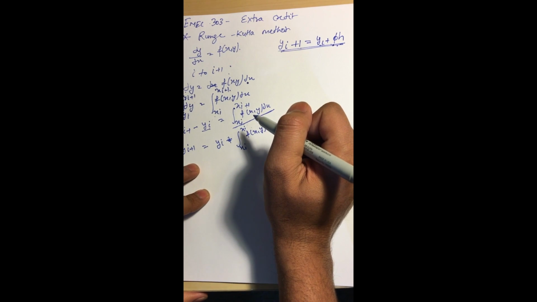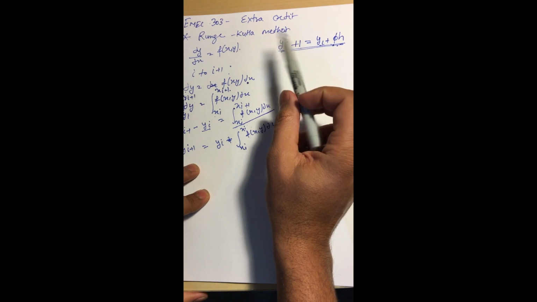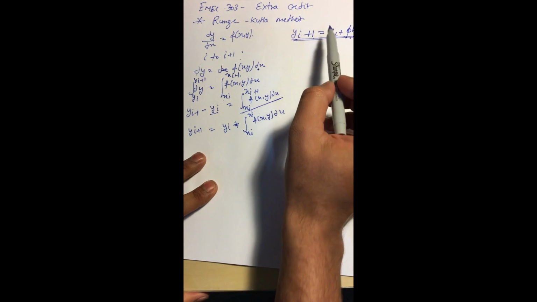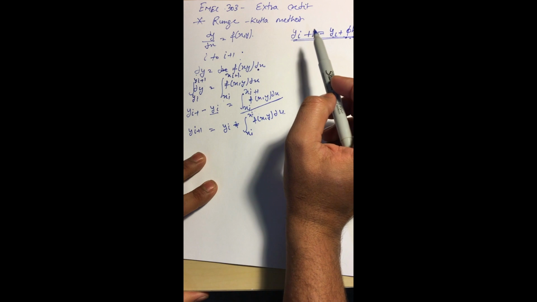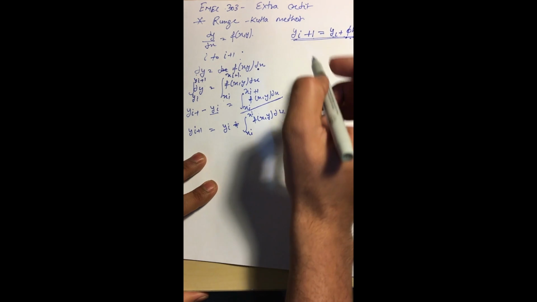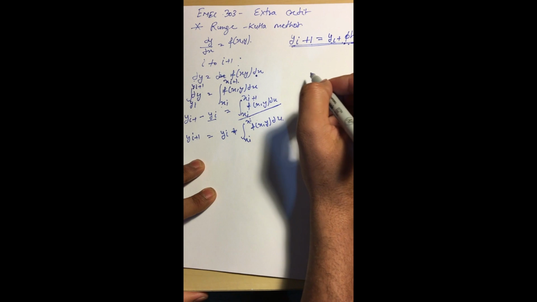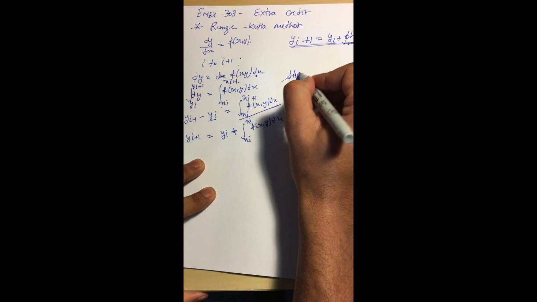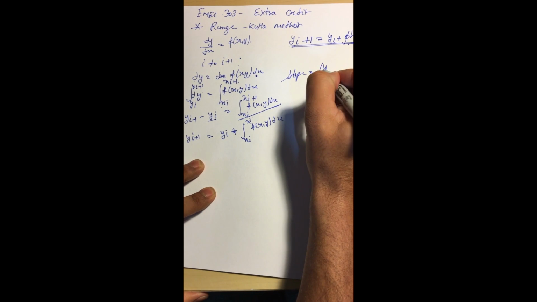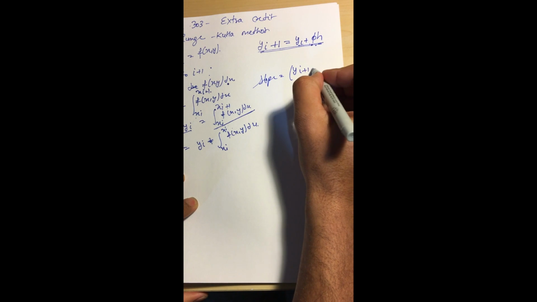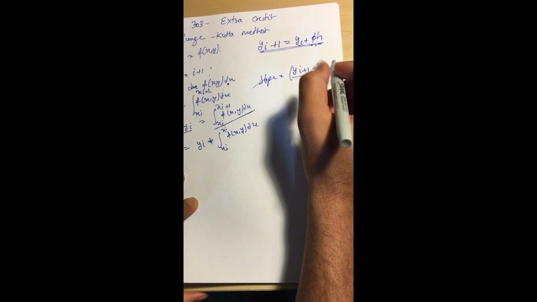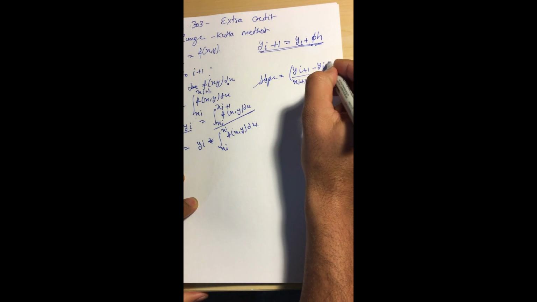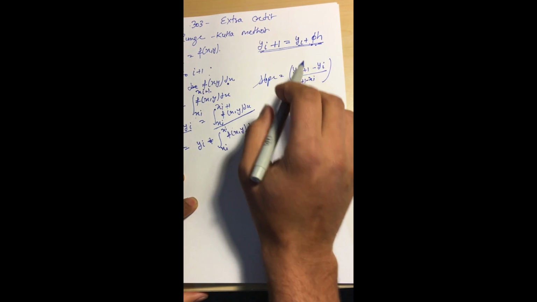One way I can show you that this truly makes sense, that this function is equal to this, is with an example. We have a slope times distance. Our slope could be (y_{i+1} minus y_i) divided by (x_{i+1} minus x_i).